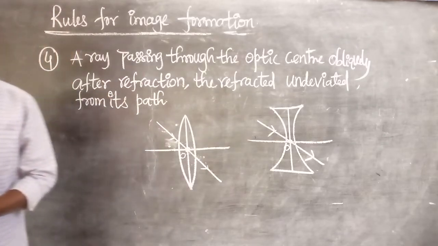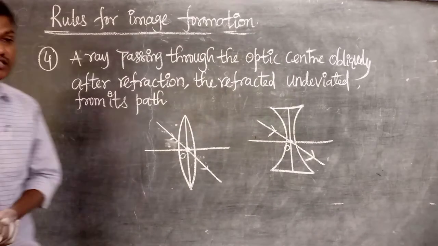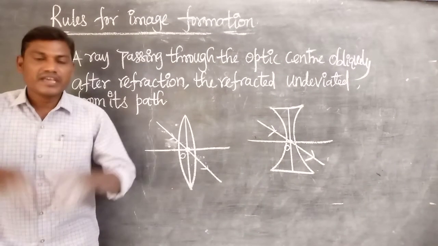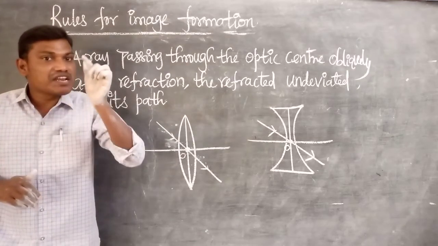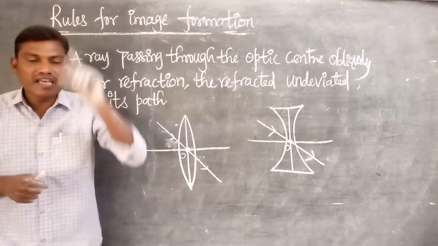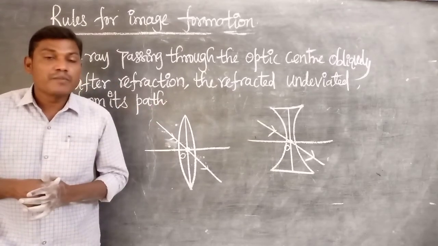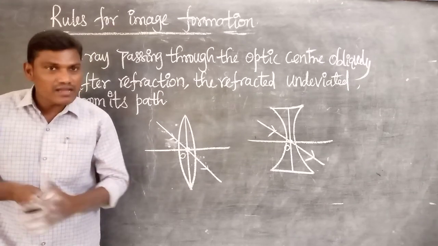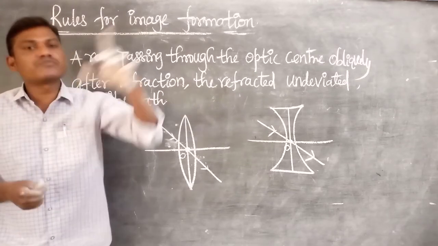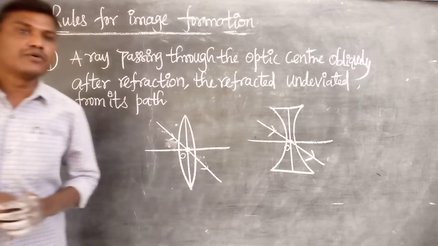How many rules are there? Mainly 4. What is the first one? The incident ray is parallel to the principal axis; after the refraction, the ray must pass through the principal focus in case of convex lenses and appears to diverge from the focus in case of concave lens.